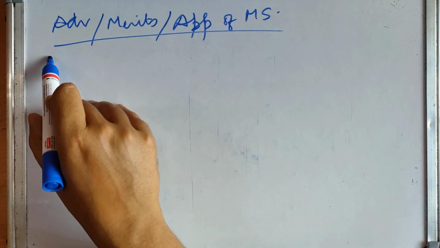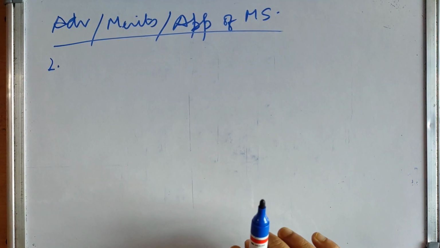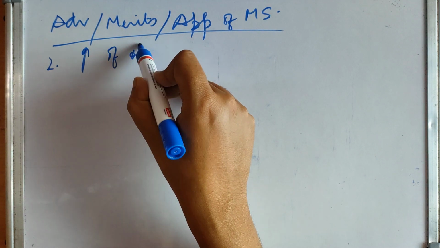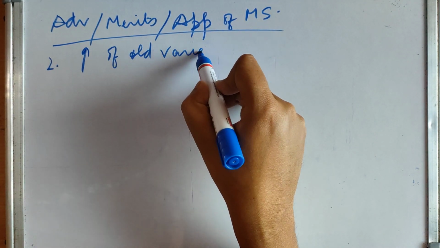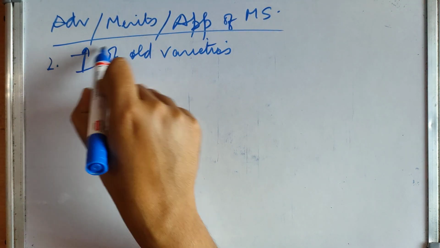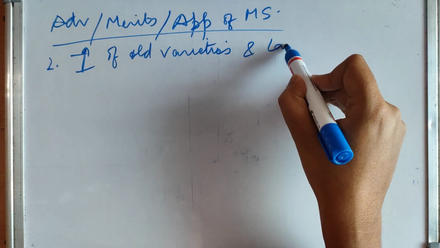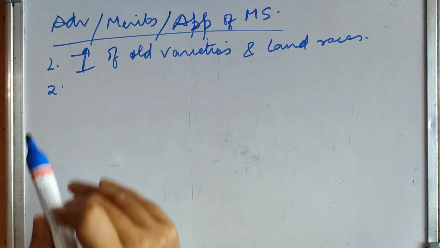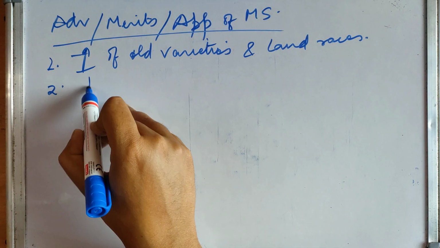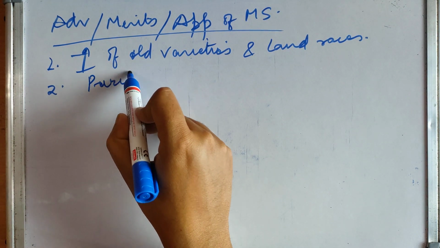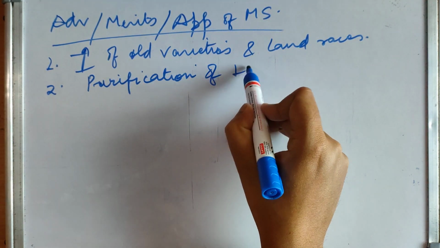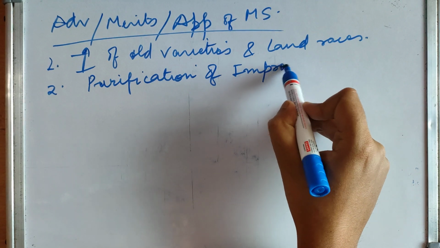The first one is, it is a good method for improvement of old varieties and land races. It is also used for purification of improved varieties.